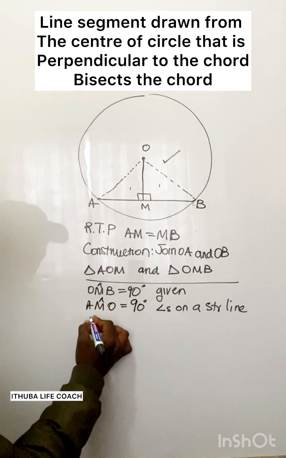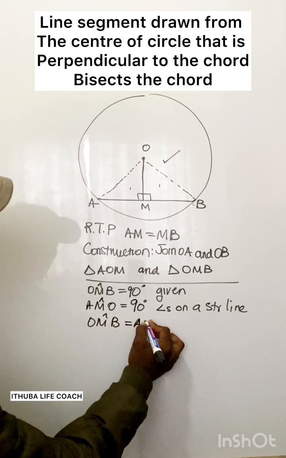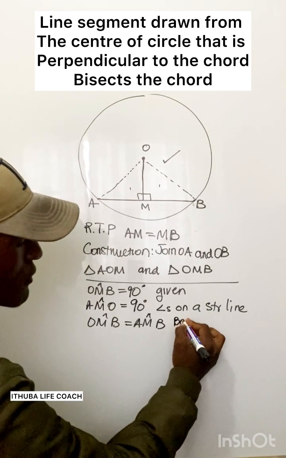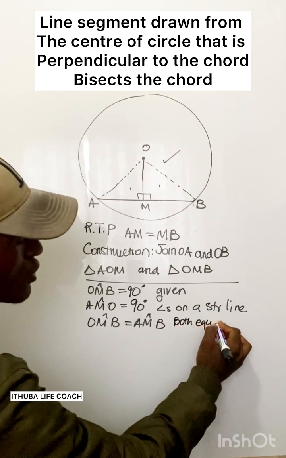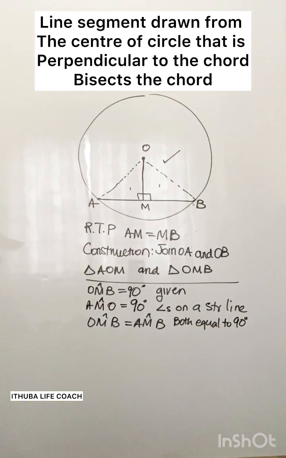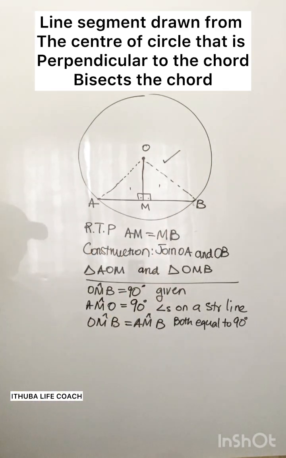Meaning angle OMB is equal to angle AMB. Guys, why? Both equal to 90. Please do not write anything in Euclidean geometry without a reason. So now we have proved that this angle is equal to this angle.